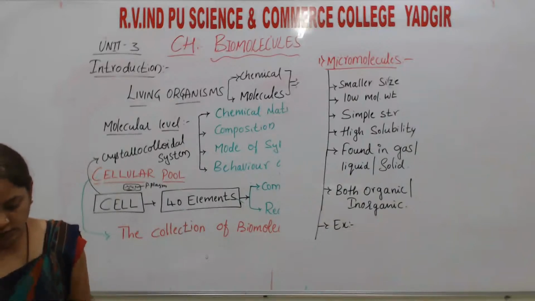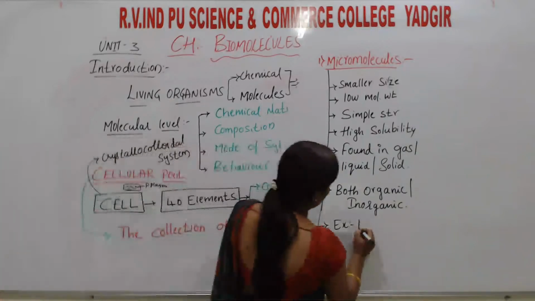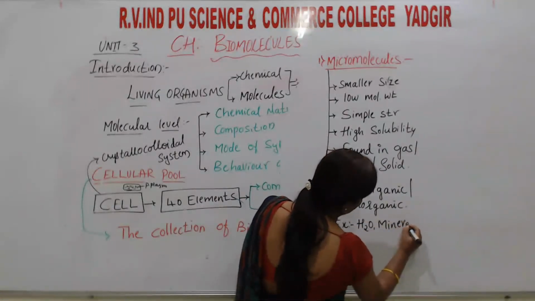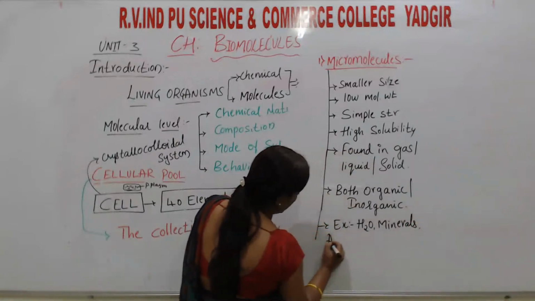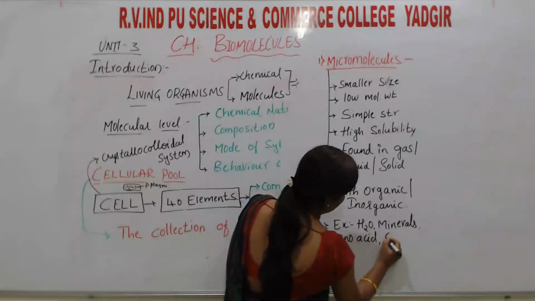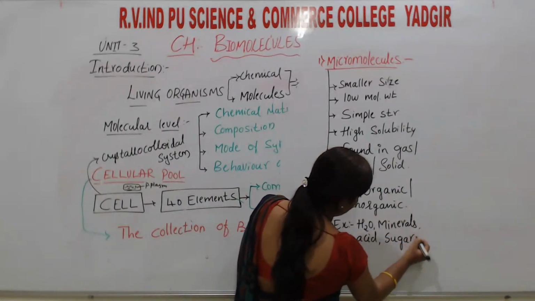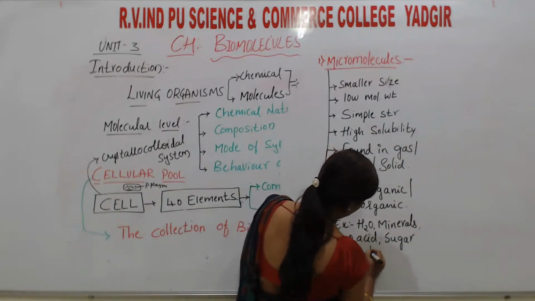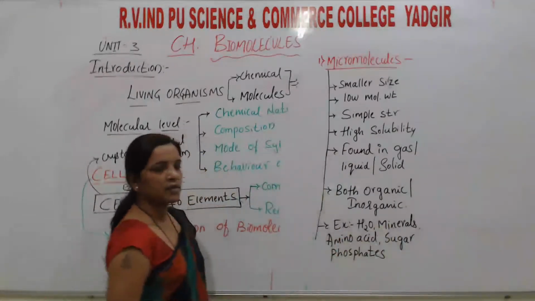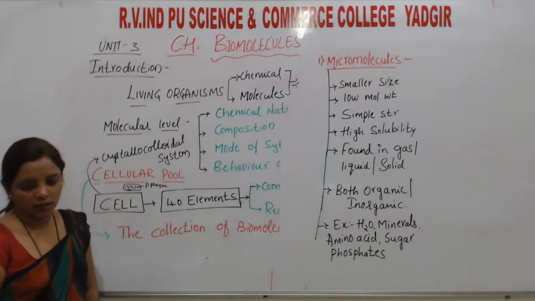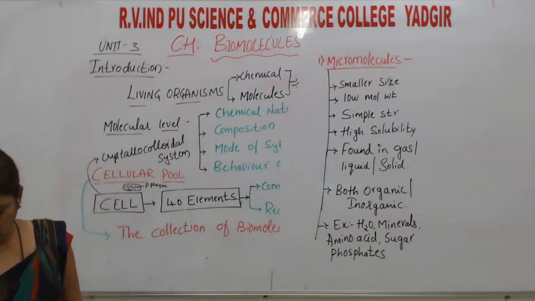Examples are water, minerals, amino acids, sugar, phosphate, etc. All these are considered micromolecules.